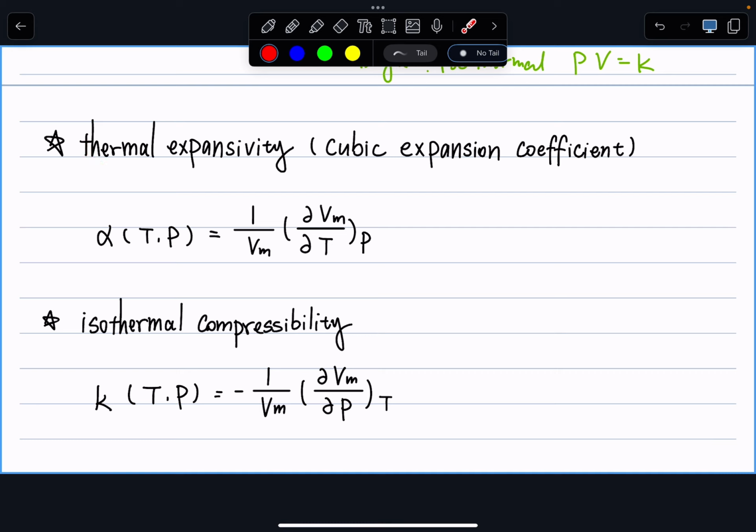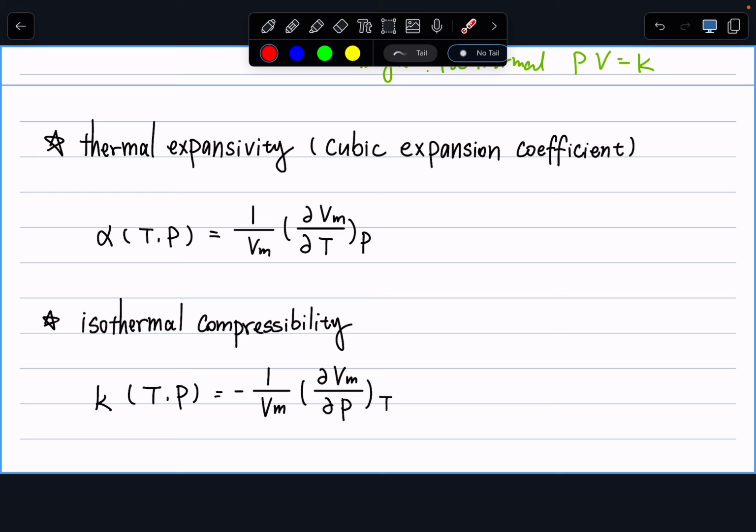The first one is called thermal expansivity, or the cubic expansion coefficient. So alpha, which is a function of temperature and pressure, tells you how the volume of a homogeneous substance changes with respect to temperature at constant P. That's an isobaric measurement.